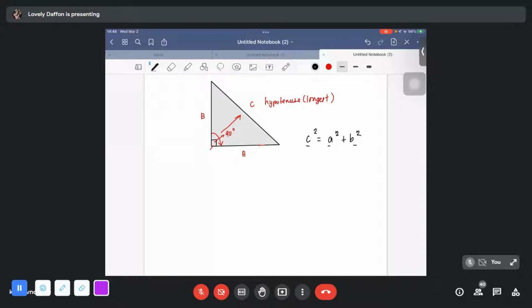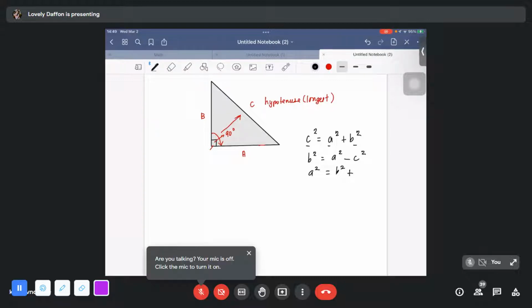For example, if the missing letter is B, you have B squared equals A squared minus C squared. If the missing is A, you have A squared equals B squared plus C squared.